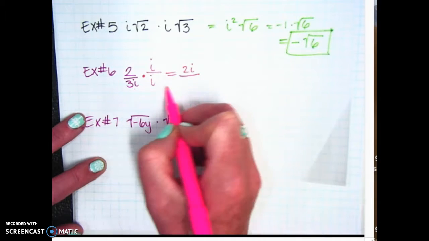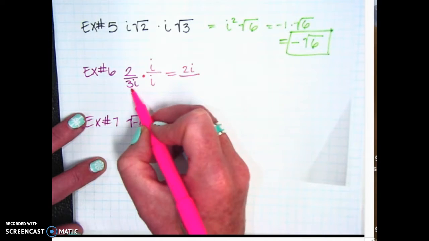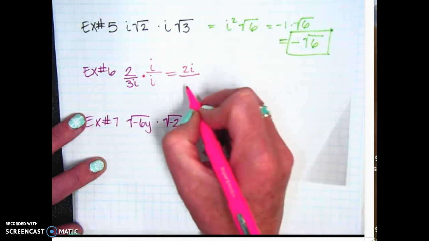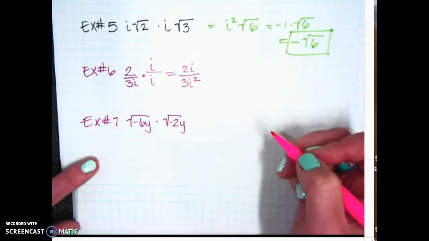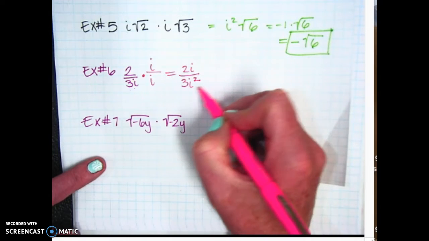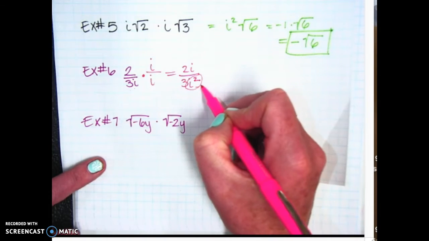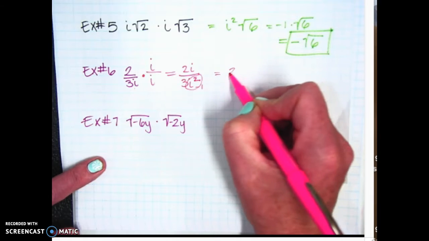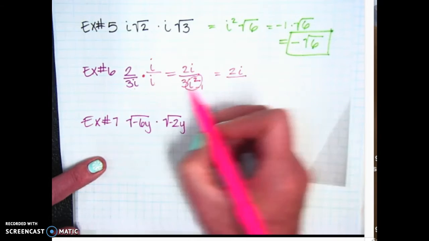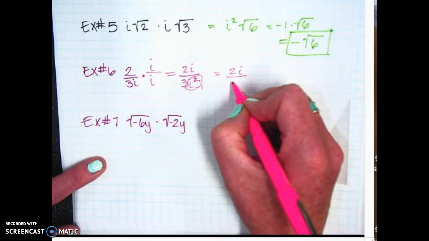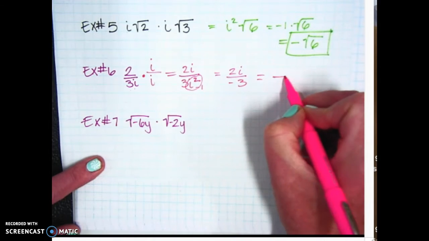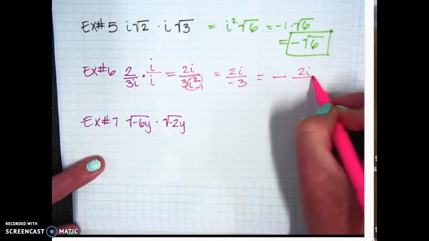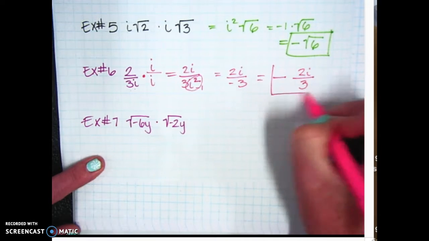And in the denominator, do the same thing, multiply straight across. So 3I times I is 3I squared. And then we know that I squared is -1. So we have 2I over 3 times -1, which is just -3. You can leave the negative sign in the denominator. You can pull it out front and have 2I over 3 negative.